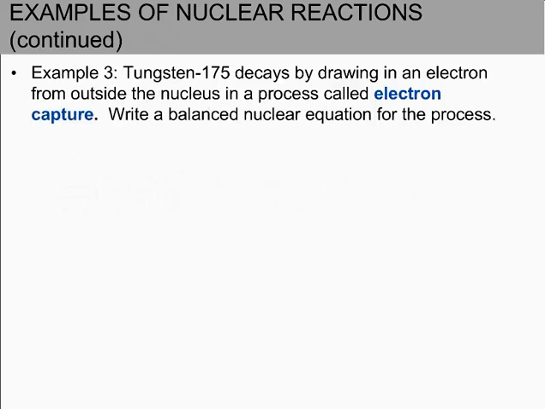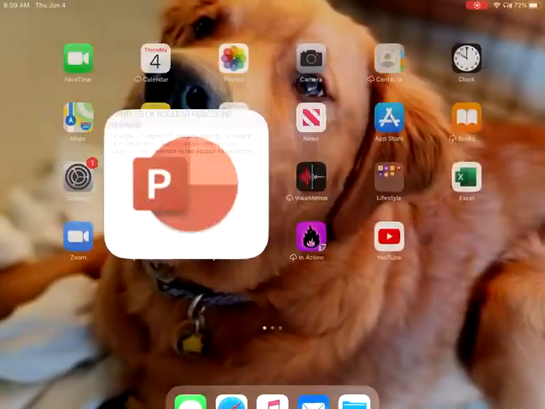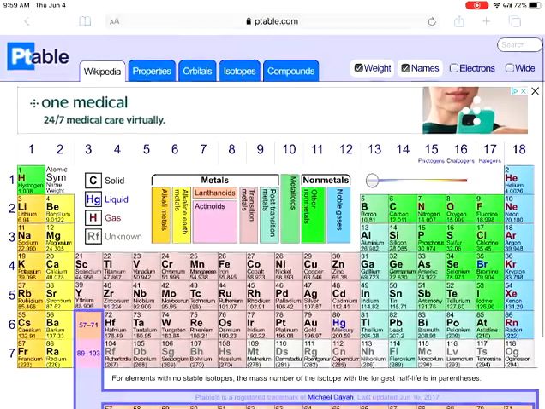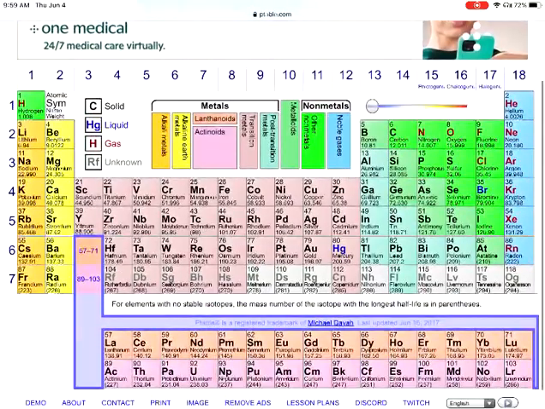Okay, so this time we're considering electron capture. All right, so let's look up tungsten. That's an element we haven't really dealt with before. So let's see, tungsten. Tungsten is a transition element, so let's look in the middle.